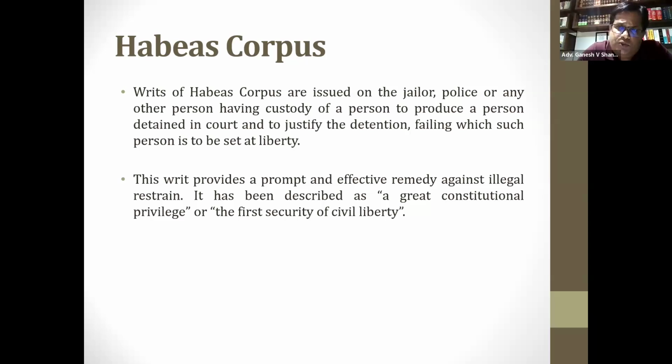It is directly in the context of Article 21, which talks about freedom of life and liberty. So this is strictly against physically holding the custody of somebody unauthorizedly, or without authority of law.